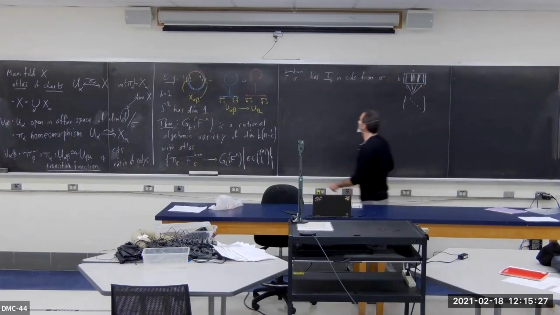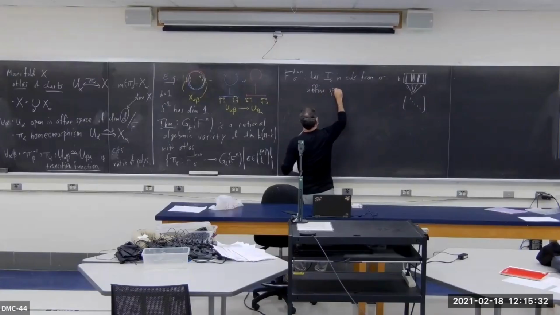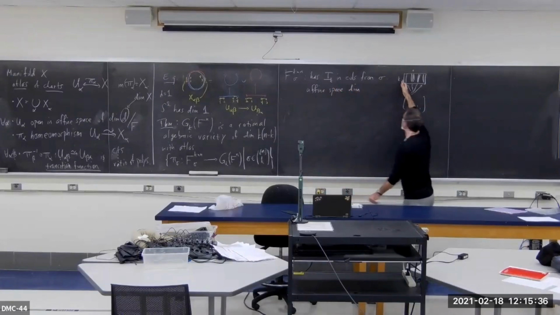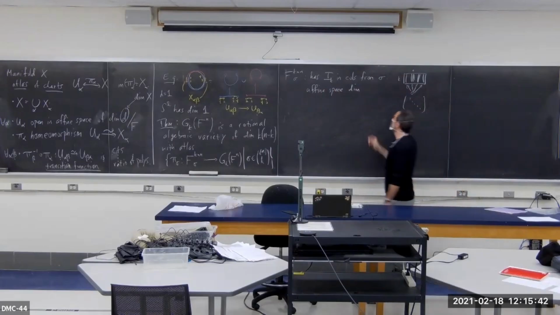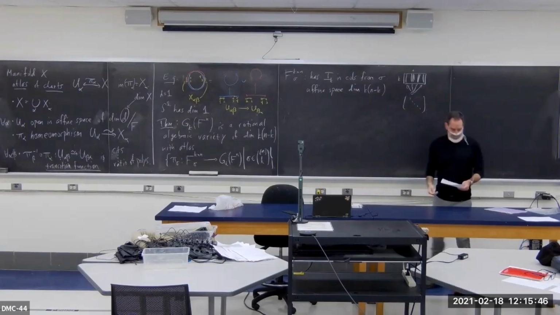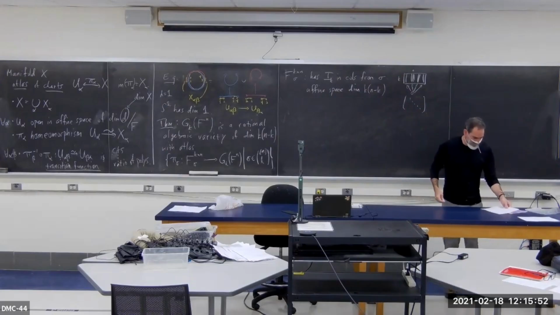Remember that this is an affine space of dimension, well, you've removed k columns, so what's left is to freely choose the other k times n minus k entries. So this has dimension k times n minus k. Okay, so let's go formally into the proof.